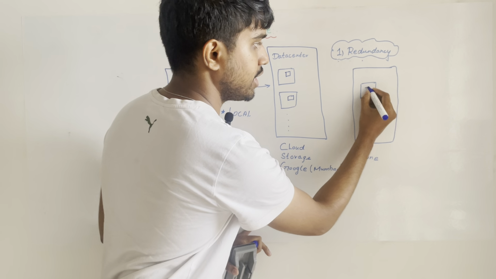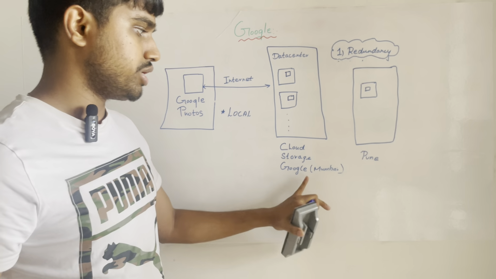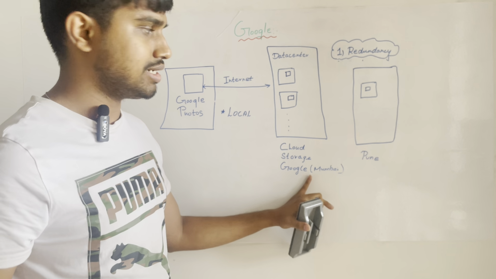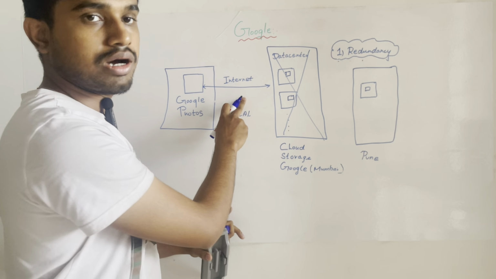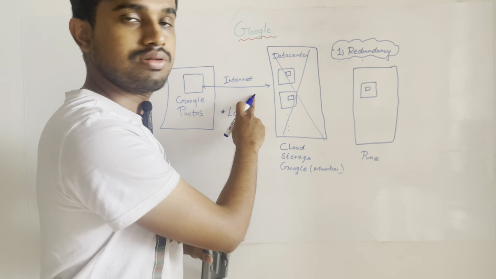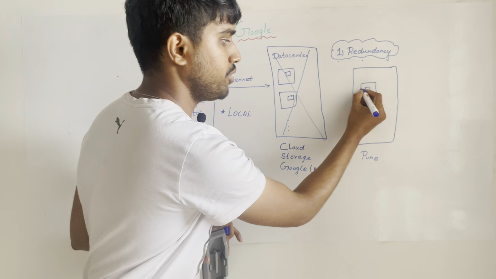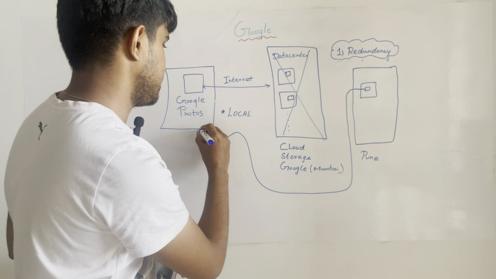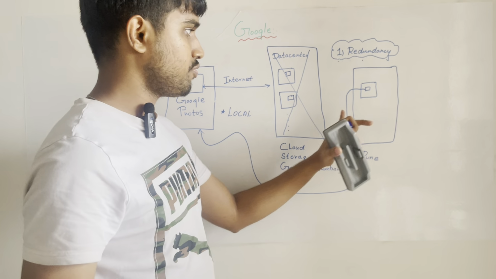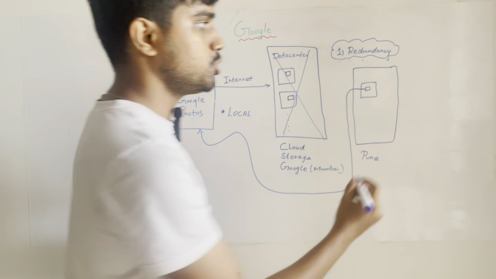So here also your data will be there. Say a power outage or something happened in the Google data center in Mumbai and it got shut down completely. And if you request a particular photo, Google will still be able to get it from Pune and deliver it to you, right? So this type of redundancy is called zonal redundancy.